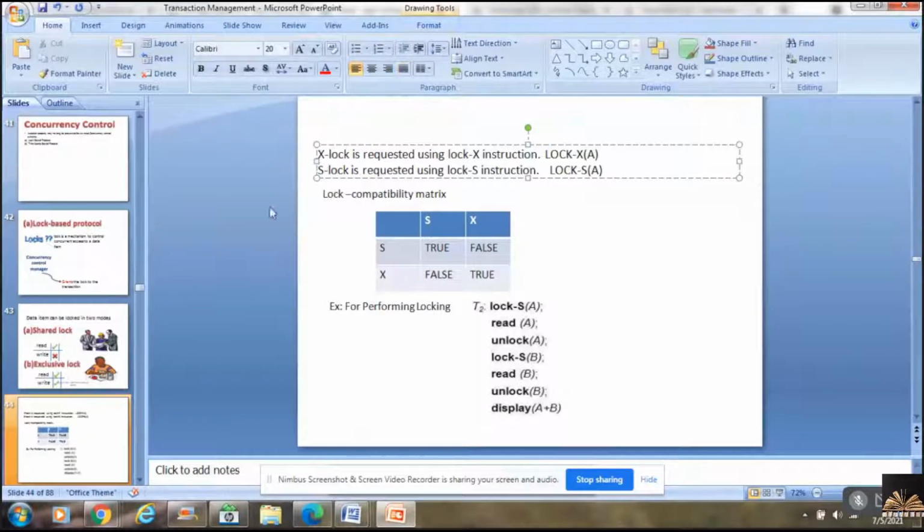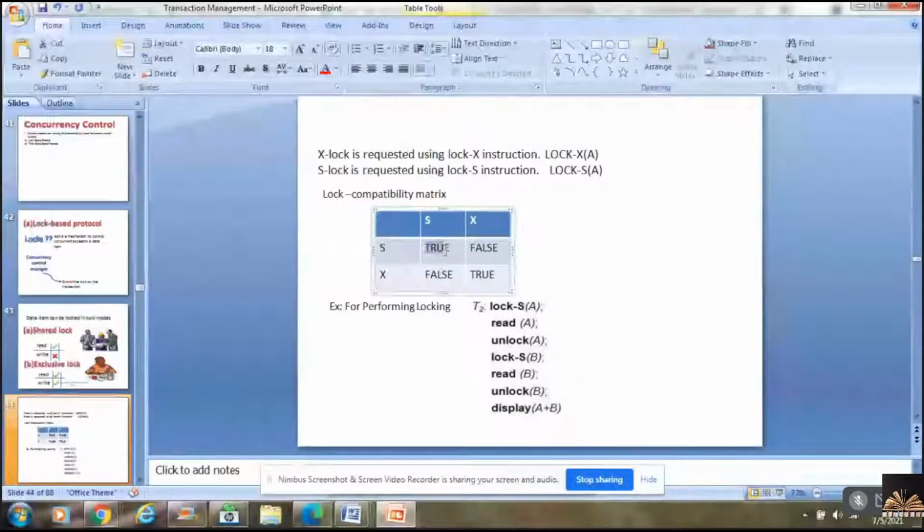And there's something called a lock compatibility matrix. So which locks are compatible with respect to two transactions? I've taken shared and exclusive as the columns and shared and exclusive as the rows. Out of these four options, only shared and shared is compatible.